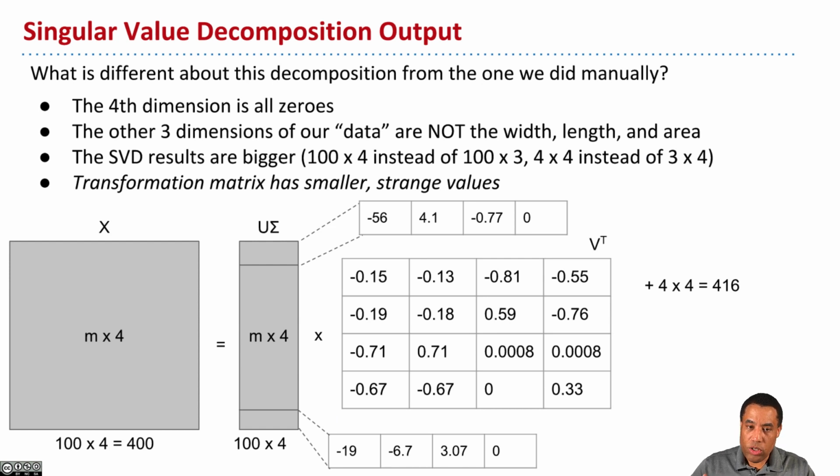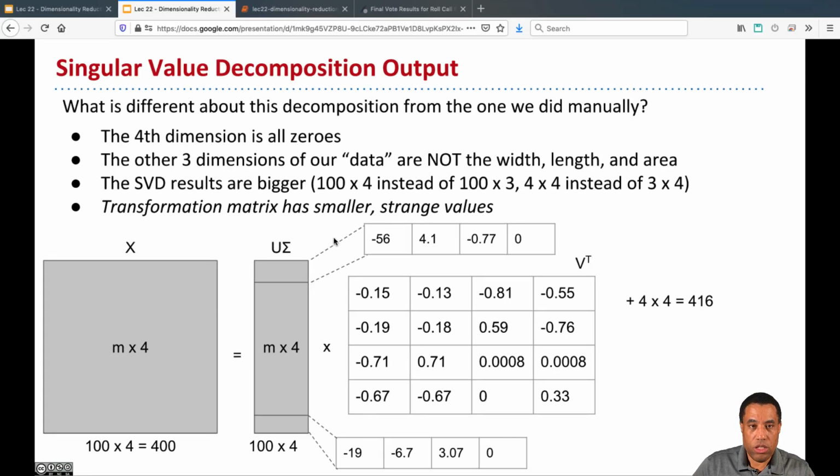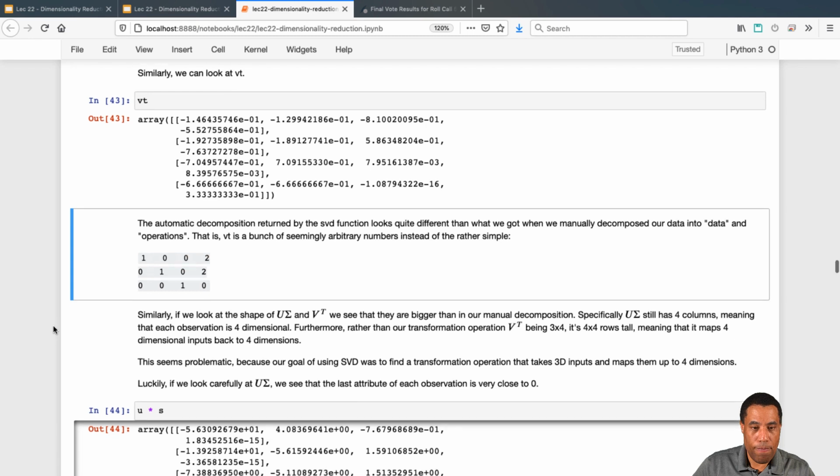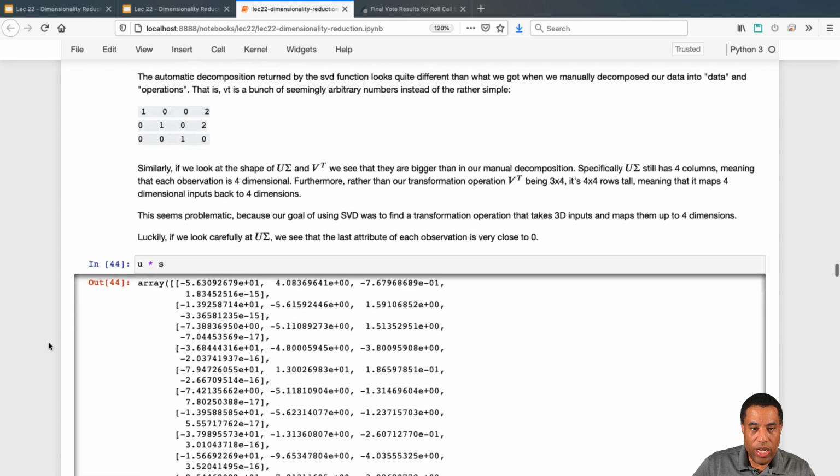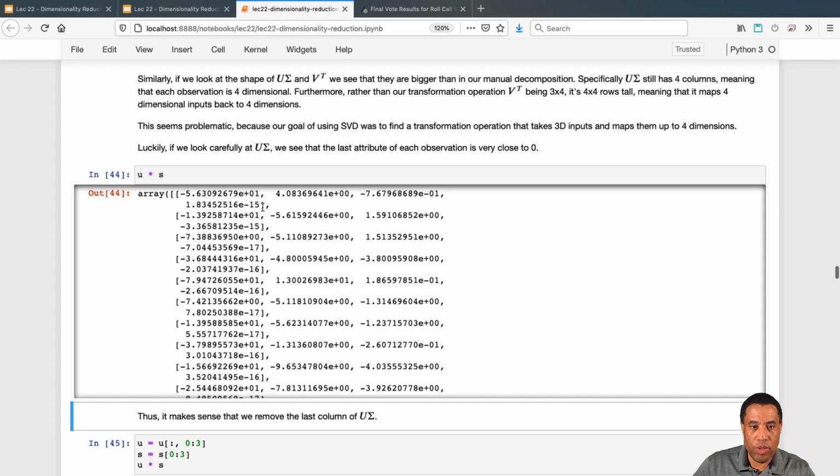If we drill down and look at the fourth dimension of U sigma, it's all zeros actually. I can go back over here. If we look at U sigma, these last values are 1.8 E minus 15, minus 3.3 E minus 15, again E minus 17, E minus 16.